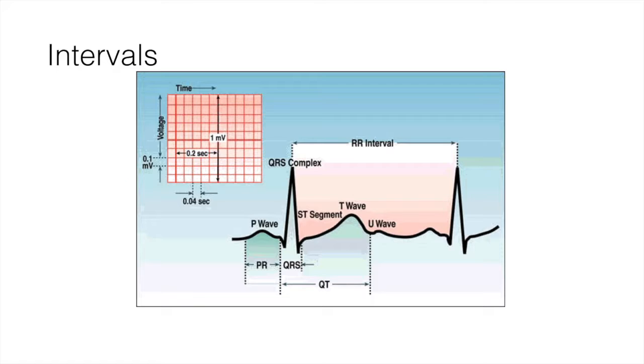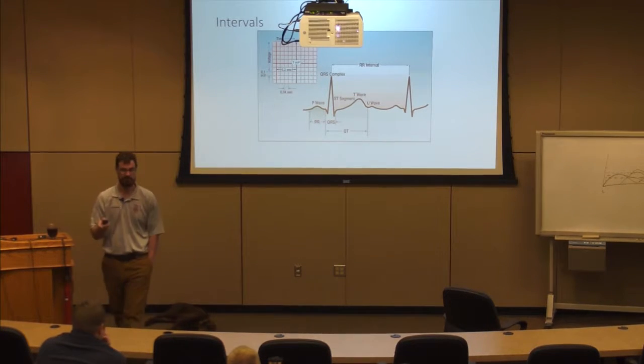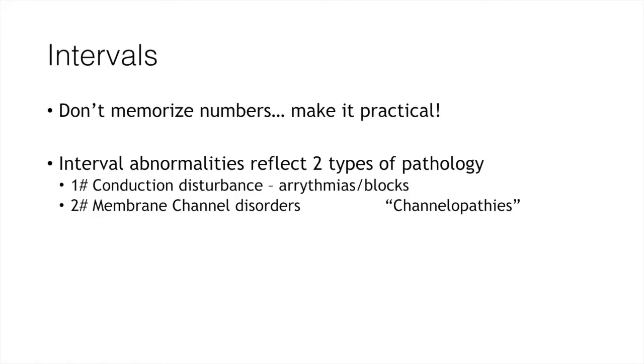That number really needs to be less than 500 milliseconds, and that usually shows up on the 12-lead EKG calculated. But 500 tends to be the cutoff where I start to get a little bit anxious, okay? So don't memorize numbers, make it practical, because it lays out on a grid. Understand what normal is on that grid, right?